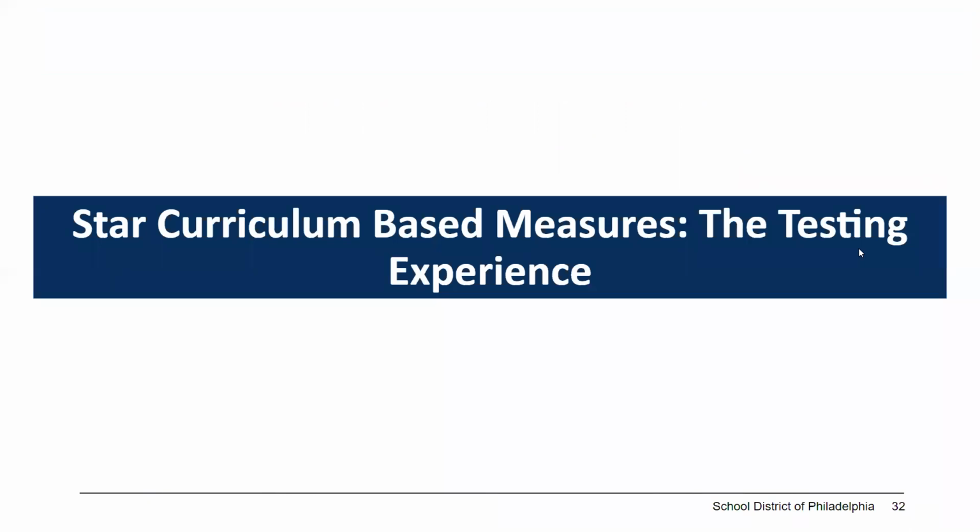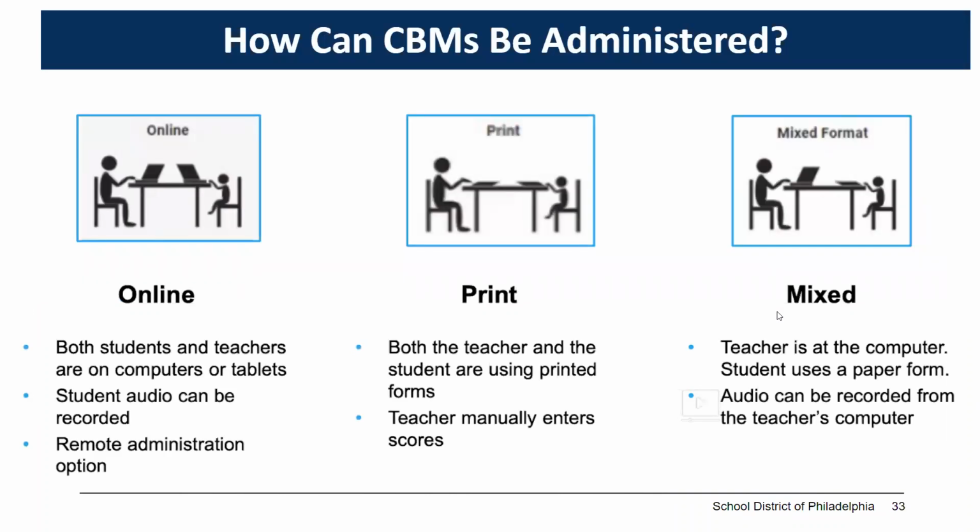The next two slides will review the testing experience for CBMs. There are 3 ways CBMs can be administered. The first way is online. This means that both the student and teacher are on a computer or tablet. Using this administration method allows for remote administration as well as recording on a student device as permitted by district and school policies.